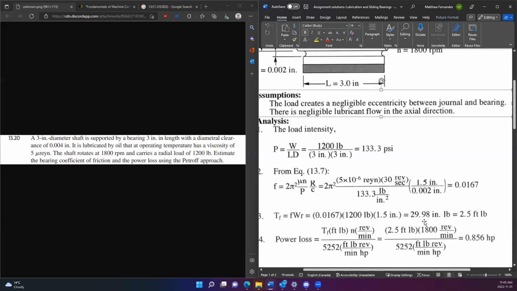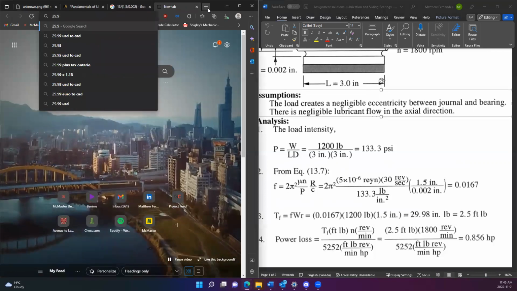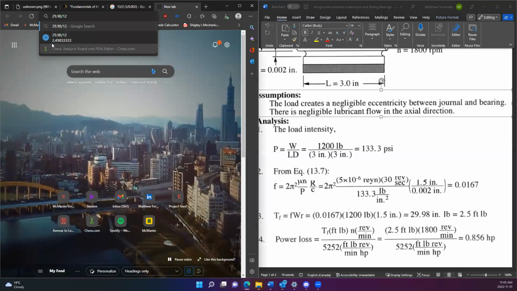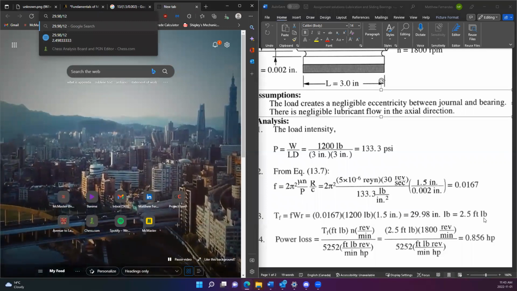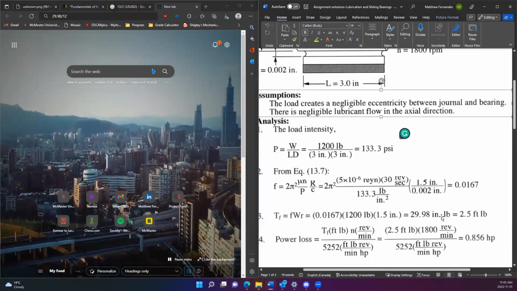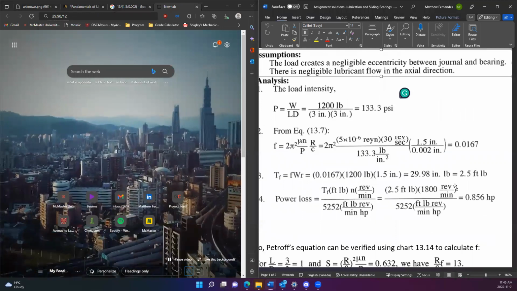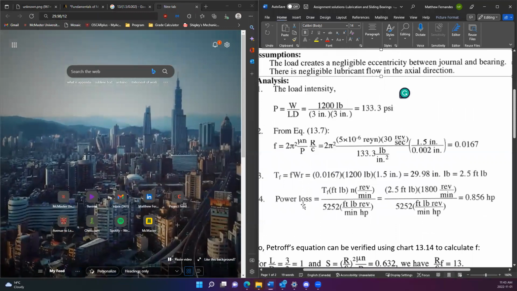Then you want to switch that to foot-pounds, so you do 29.98 divided by 12, because 1 foot equals 12 inches. Then you get around 2.4988333, which is really just 2.5 foot-pounds. I personally would keep the big number when doing these calculations because of accuracy, but it says 2.5 foot-pounds here.